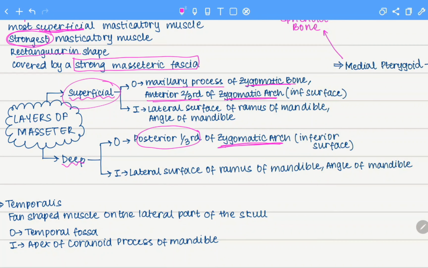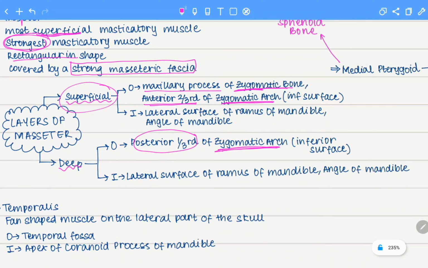Superficial layer is going to originate slightly up as well, which is on the zygomatic bone as well as the zygomatic arch, while the deep layer is going to originate only on the zygomatic arch. And both of them are going to insert on the lateral surface of the ramus of the mandible as well as the angle of the mandible.